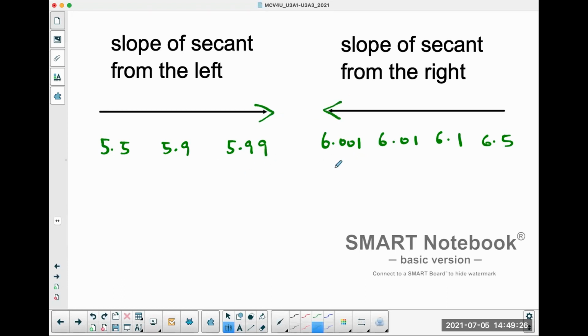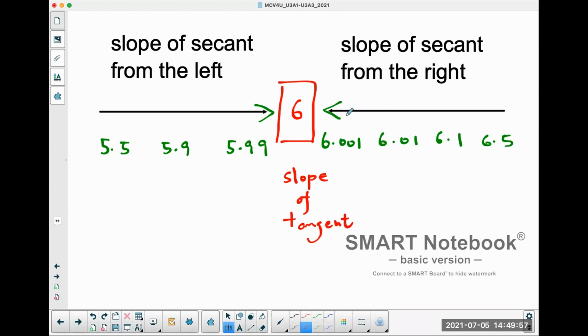It looks like, exactly, right? It looks like they both converge toward this magic number of 6. Now, I didn't actually find the slope of the tangent. I've been only finding the slope of the secant from the left and the slope of the secant from the right, but I can use that to guess that the slope of the tangent is going to be 6.